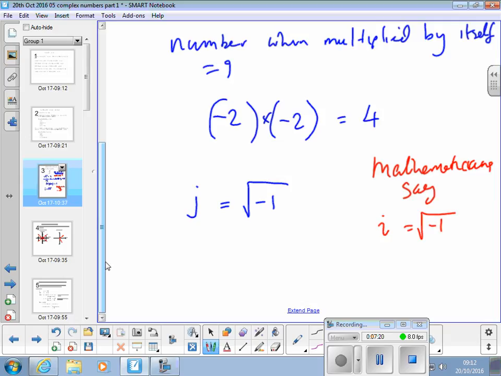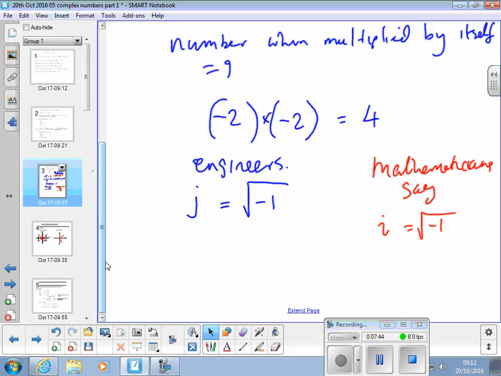But we, as engineers, don't do that because i is used too much. It's used for current in electrical circuits, so it would be an issue to use i. So we use the next letter in the alphabet. Engineers use j is equal to the square root of minus 1.